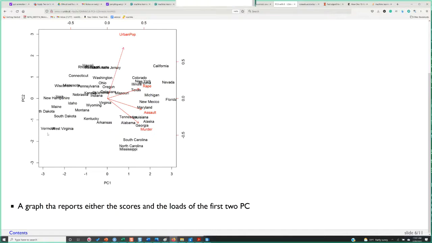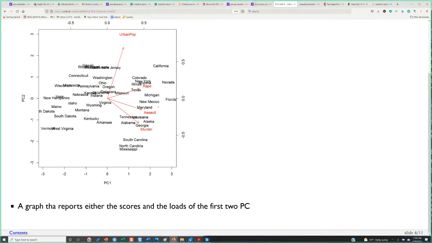If you look at the least crime level, it is the left side; high crime level is the right side. Vermont, West Virginia, South Dakota, New Hampshire are all least crime level. Do you agree with me? On the left side, does it make sense? On the other hand, high crime levels are Florida, Nevada, California, Michigan, New Mexico, Maryland.